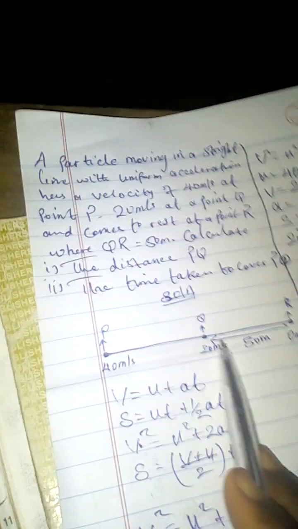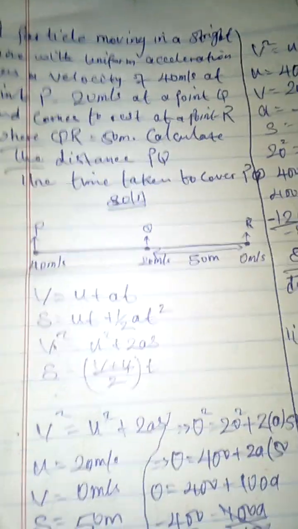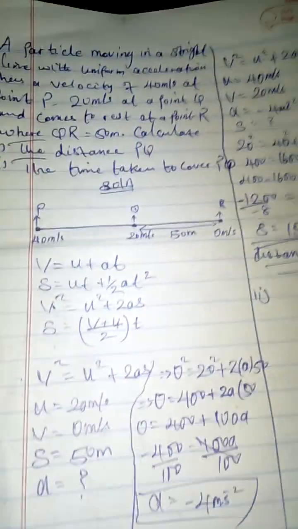Now Roman 2, we have to calculate the time taken to cover PQ. From the first equation we took, V squared is equal to U squared plus 2as, we don't have time there.